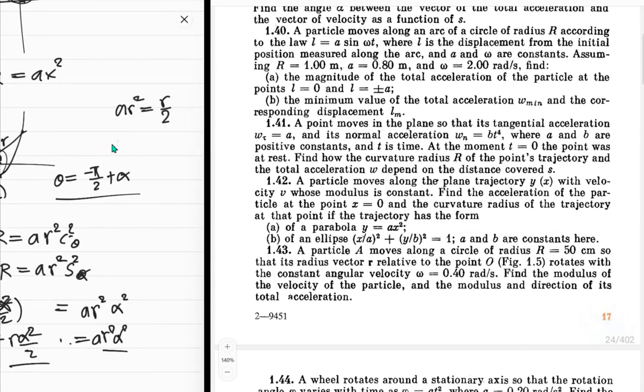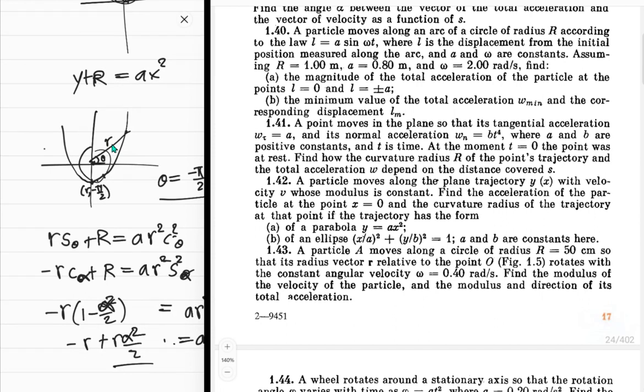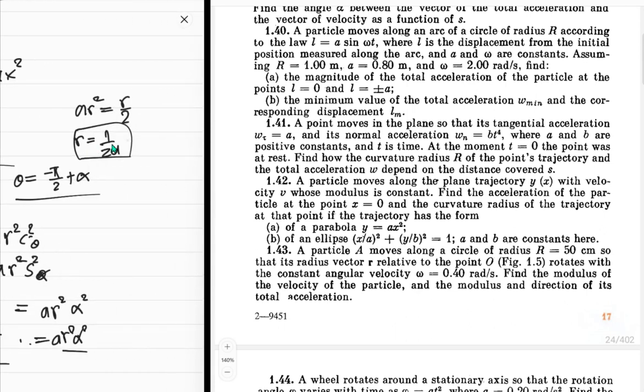So you can say, okay, r is equal to 1 upon 2A. That's what we got. I'm skeptical of this thing. You're saying this thing is 1 upon 2, but it could be anything. But we got 1 upon 2A. That probably means it is the radius. And this r is also equal to capital R. That's the main thing. Capital R is equal to 1 upon 2A. That means the radius of curvature is 1 upon 2A.